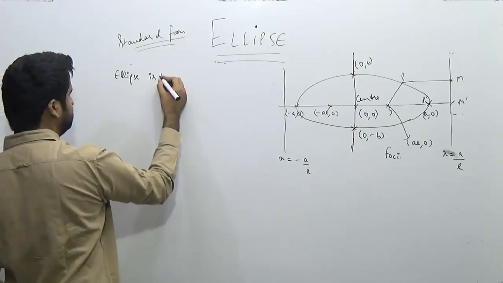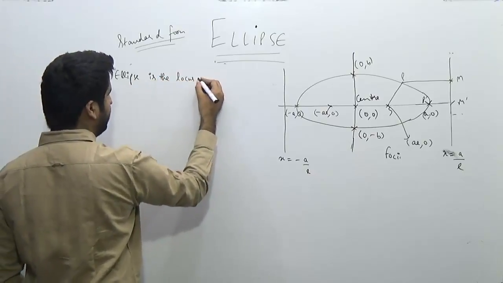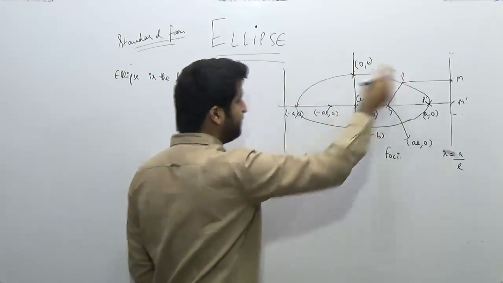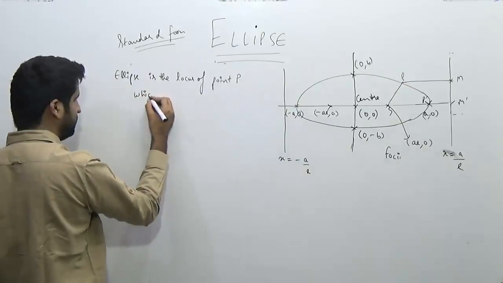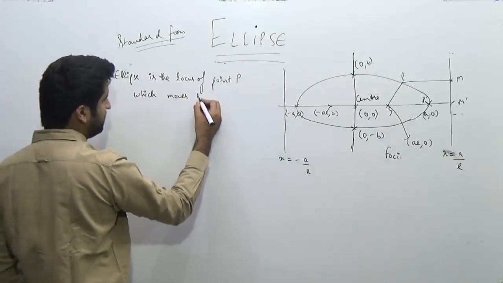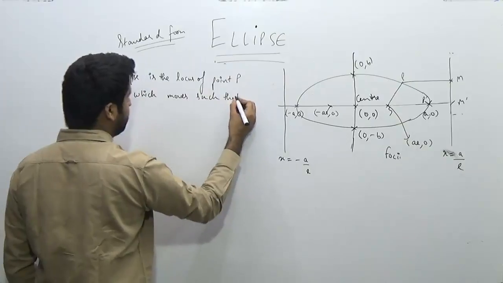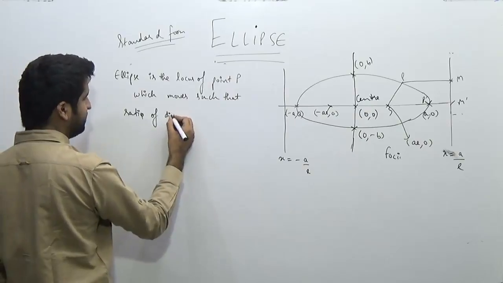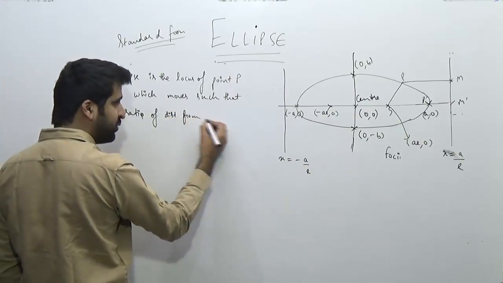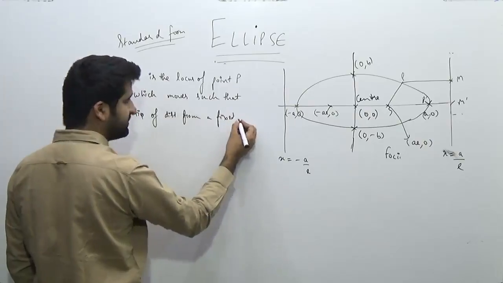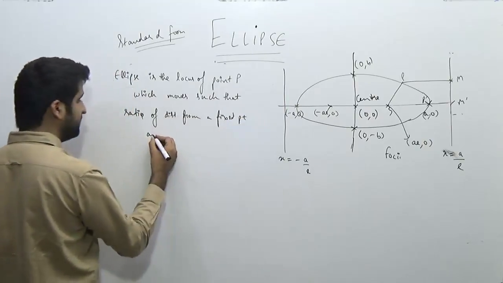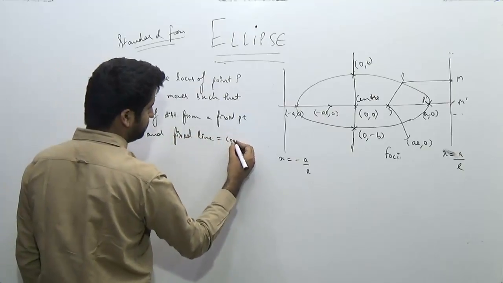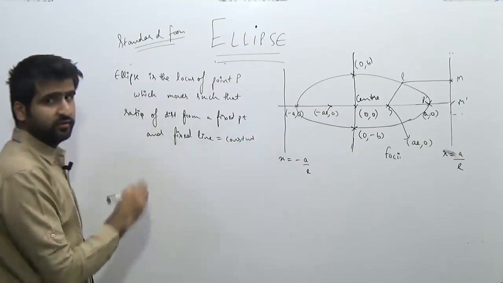Ellipse is the locus of a point P which moves such that the ratio of distance from a fixed point and a fixed line is constant. So this ratio is always constant, then it becomes an ellipse.